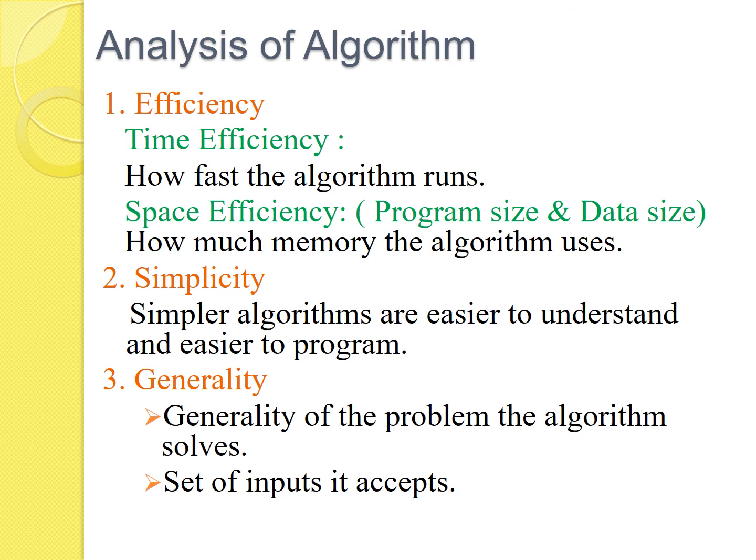Simpler algorithms are easier to understand and easier to program. The generality of the algorithm is very important. It involves the set of inputs the algorithm accepts and gives a valid output.